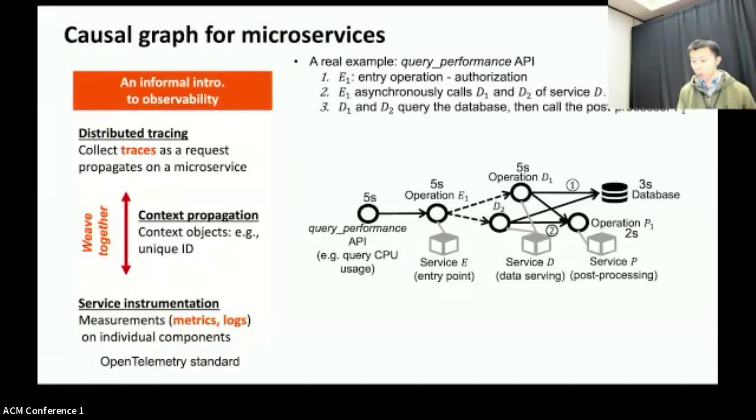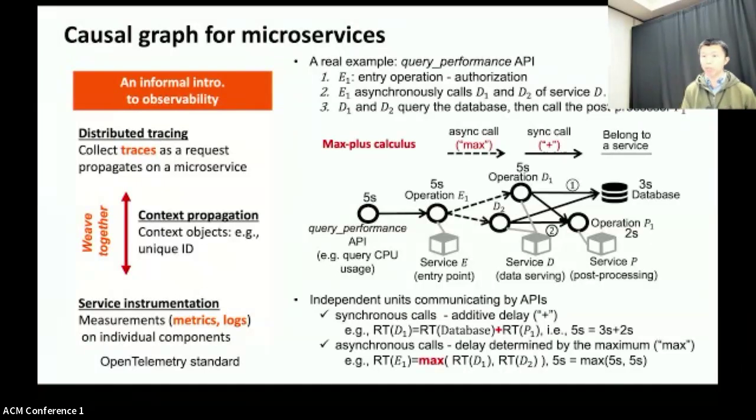And the main point of this example is that we observe there are two kinds of RPC calling relationships in microservices or other systems. The first one is called the synchronous call, represented by the solid arrow. And the second one is called the asynchronous call, represented by the dashed arrow.